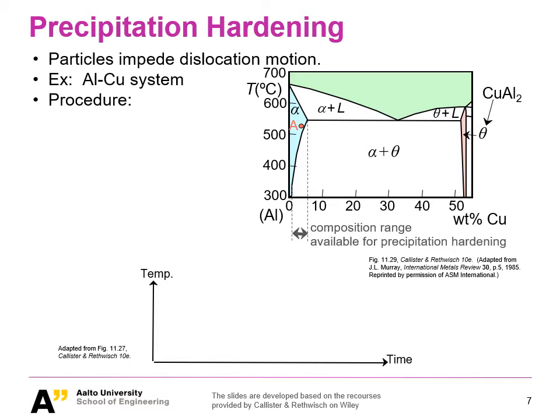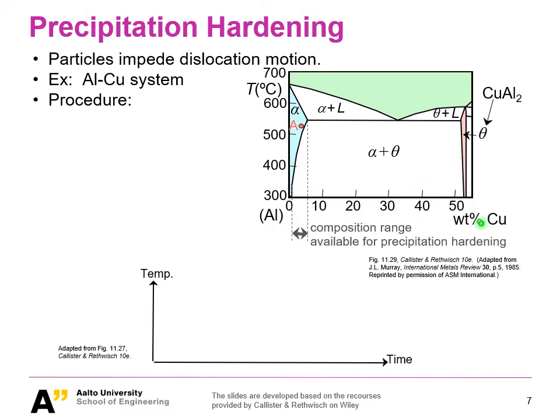And here we're looking at an aluminum copper system, so not about steel anymore. By the way, this is also a hardening mechanism widely used for these light metals, not so much for steels actually. Let's look at a phase diagram, because we didn't have a look at those for a while. This is a typical eutectic binary phase diagram.